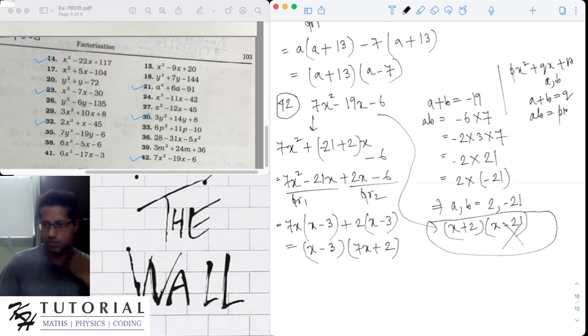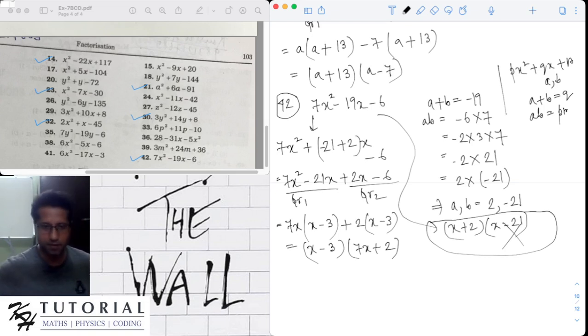For this form px square plus qx plus r, once you have found a and b such that a plus b is equal to q and ab equals pr, the factorization will not be x plus a into x plus b. No, you have to manually do it step by step the way I did. So the final factorization is x minus 3 into 7x plus 2.